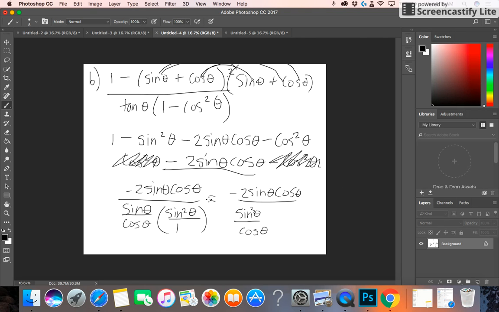Now that you have a fraction within a fraction, you have to multiply everything by the common denominator, which in this case is just that cosine. So multiply everything by cosine.